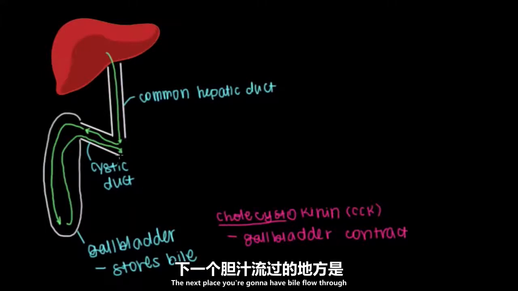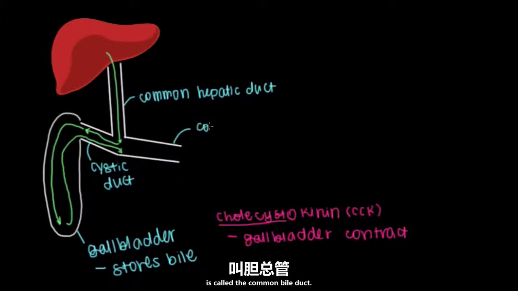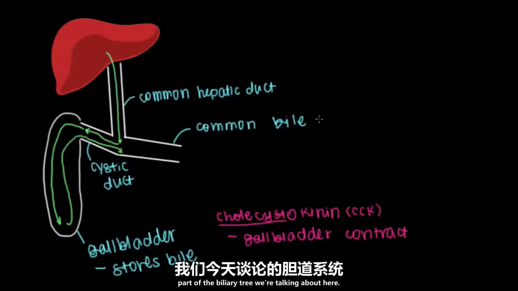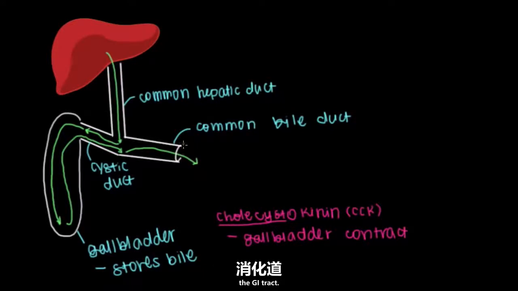The next place you're going to have bile flow through is going to be another duct altogether. Now this guy is called the common bile duct. And this is the last part of the biliary tree we're talking about here, the last part of the biliary tree that conducts our bile until it finally reaches the GI tract.